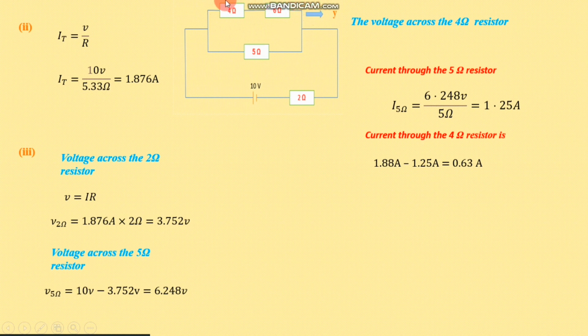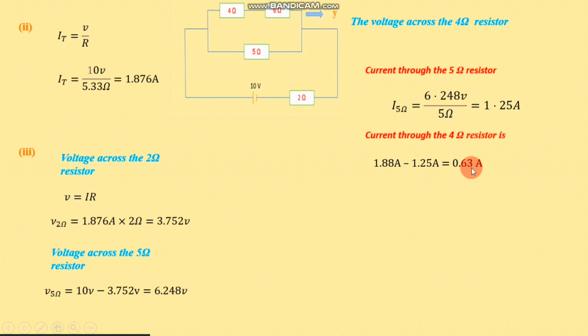And looking at the upper section, we have the 4 ohm and the 6 ohm, and when the resistors are connected in series, the current passing through them is the same, meaning the current passing through the 4 ohm is 0.63 amperes, and the current passing through the 6 ohm is 0.63 amperes.